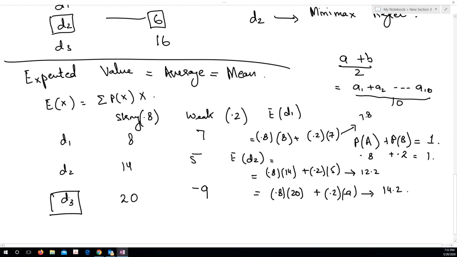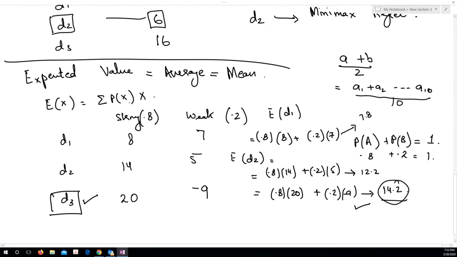So we will definitely take this option because the expected value, or the expected revenue or expected payoff, is 14.2, which is higher than both of the others. So this should be our decision when we have this knowledge.